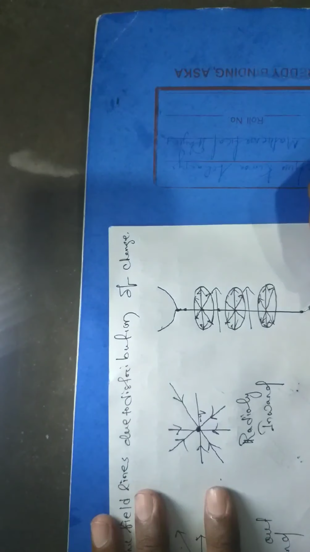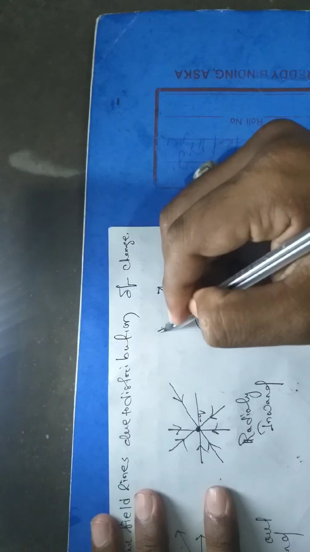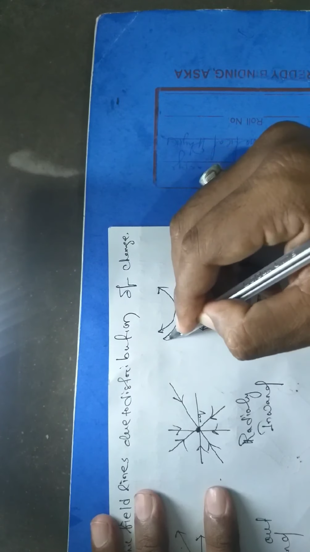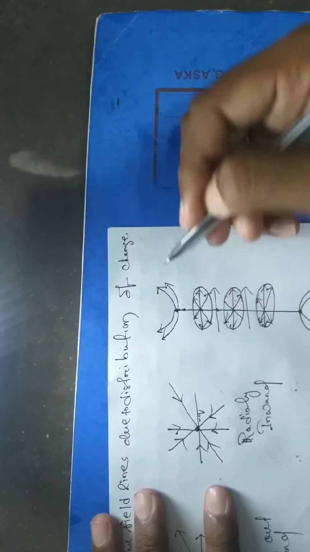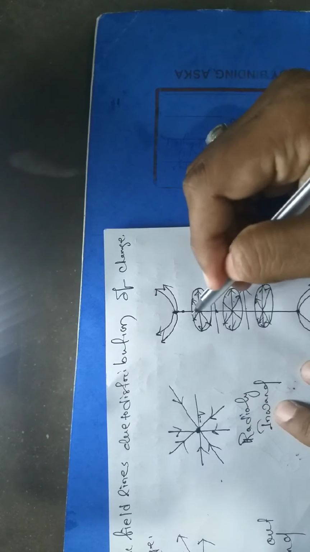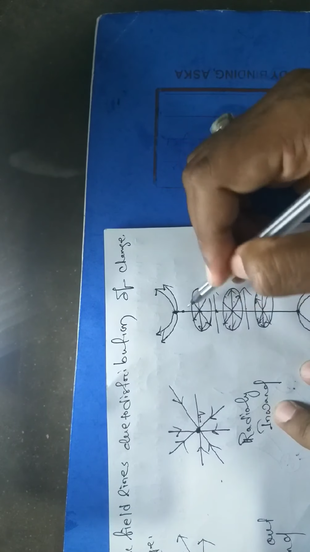Radially curl. Why do they become radially curled? Because in the region below the line there are a number of charges, and those charges send lines of force.